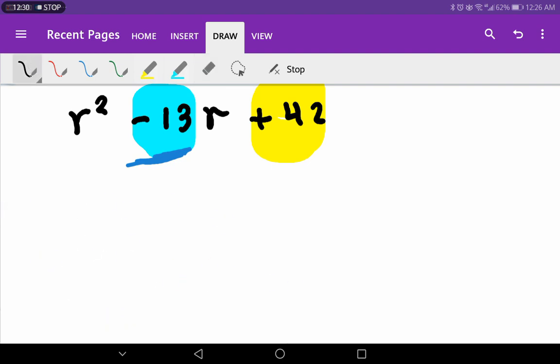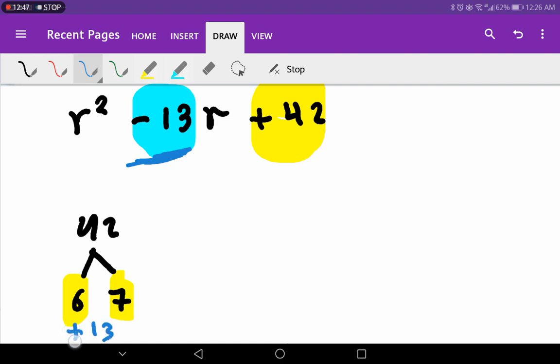Keep working. Now 42 comes from 6 and 7, and the sum of 6 and 7 gives me 13. Good, but remember this is positive 13 and here I have negative 13. It does not work, teacher? Yes, it does not work. So I erase it.